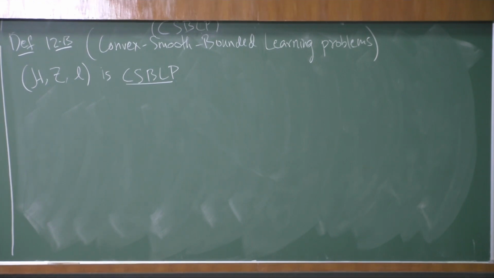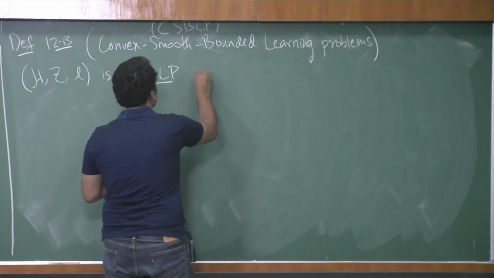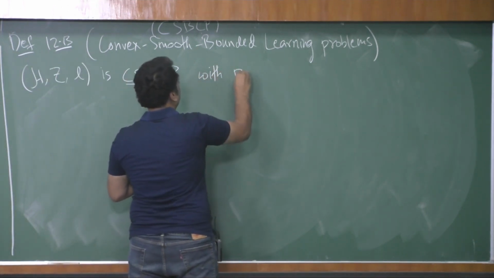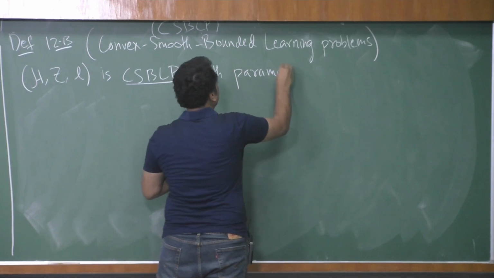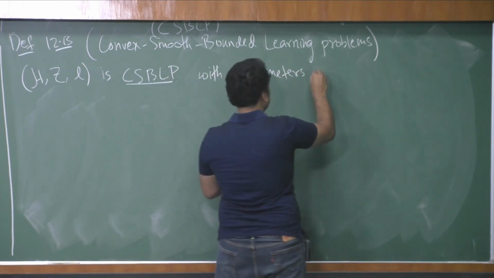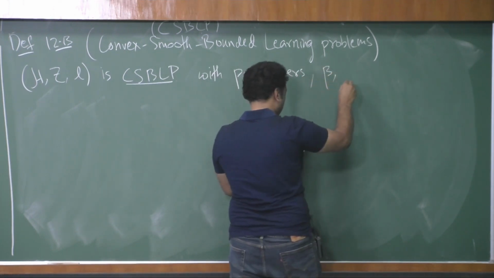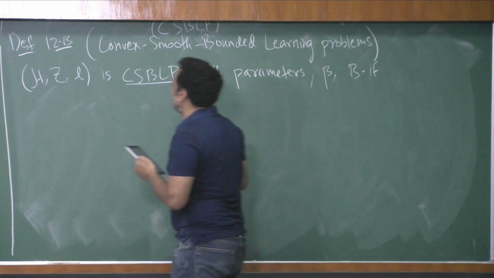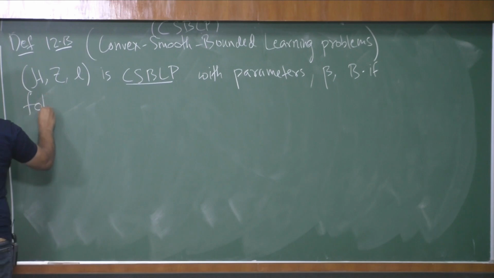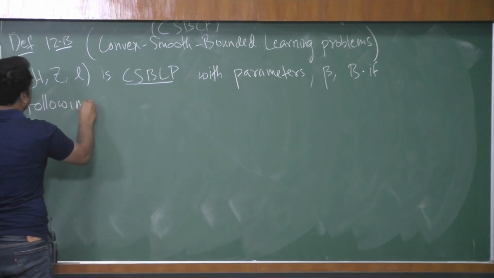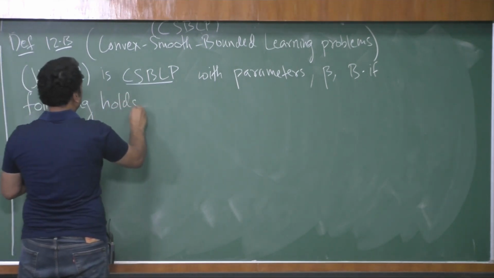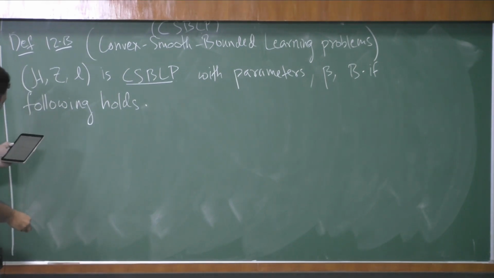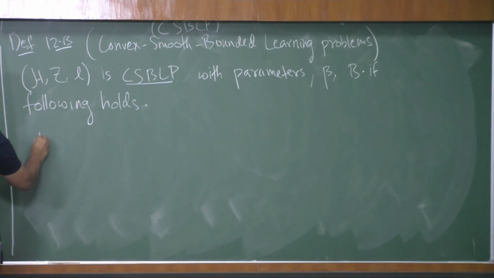It is defined to be a convex-smooth-bounded learning problem with parameters B and beta. Beta, as you can see, corresponds to the smoothness here, if the following holds. As usual, the boundedness of the hypothesis class is needed.